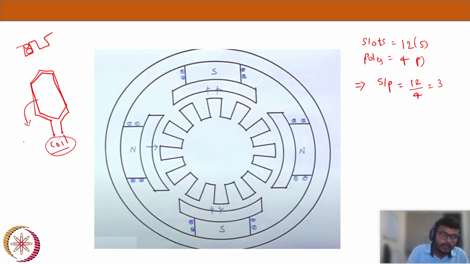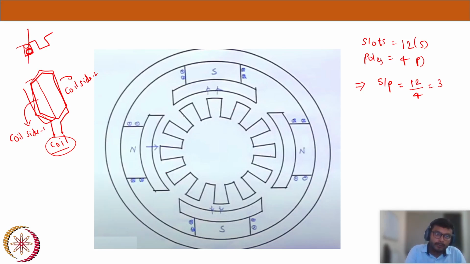Now this is coil side 1, and this is coil side 2. So what I meant was, each coil will have two coil sides. If you see this coil side cross sectionally, this circle I have shown, I'm placing it like this.